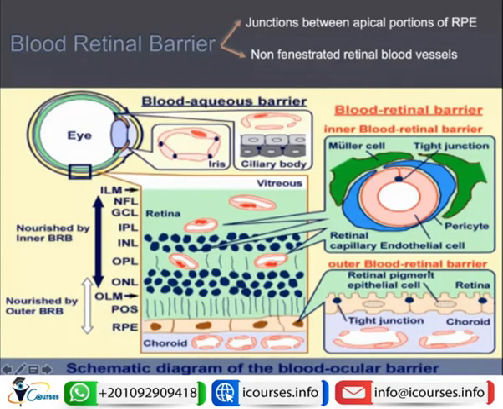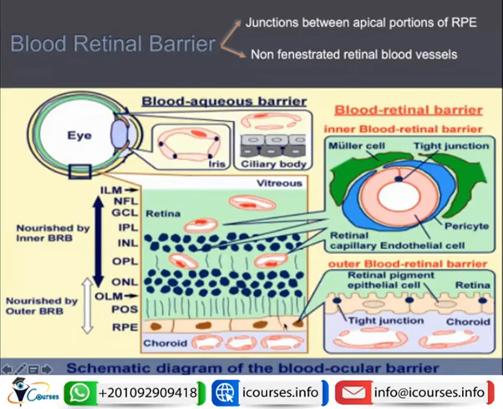The outer part is the tight junction, or zonula occludens, between the lateral walls of the retinal pigment epithelium, and the inner blood-retinal barrier is formed by the tight junction between the non-fenestrated endothelial cells of the retinal capillaries. So these together form what's called the blood-retinal barrier.